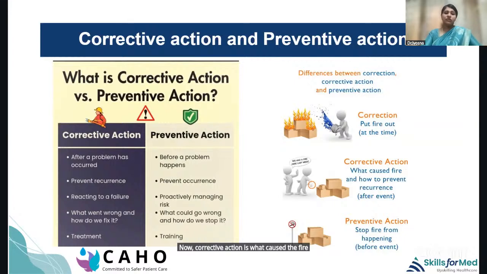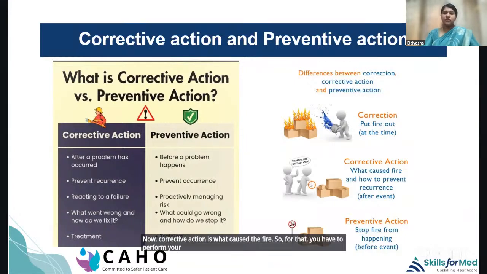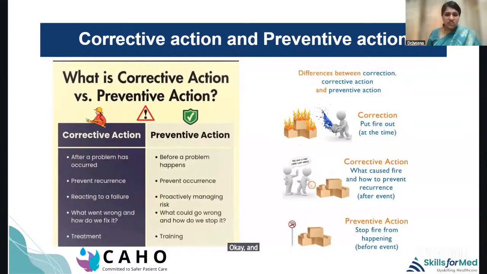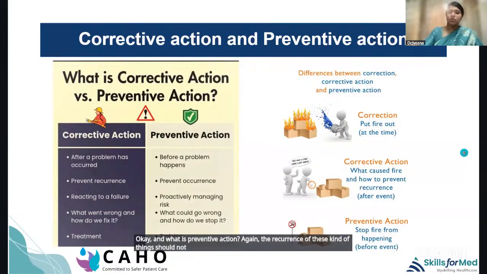Now, corrective action is what caused the fire. For that, you have to perform your RCA. So when you have to give answers for your corrective action, you should be ready with your root cause analysis. And what is preventive action? Again, the recurrence of these kinds of things should not happen. So prevention is at a long-term level.